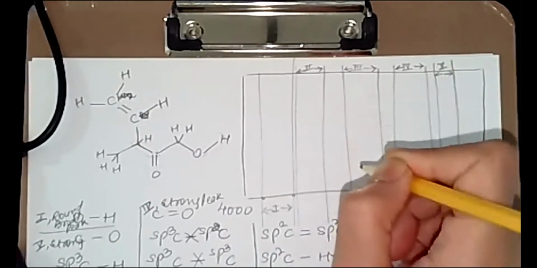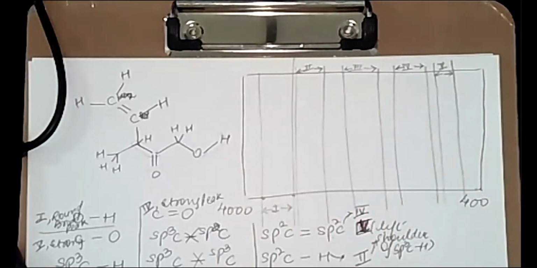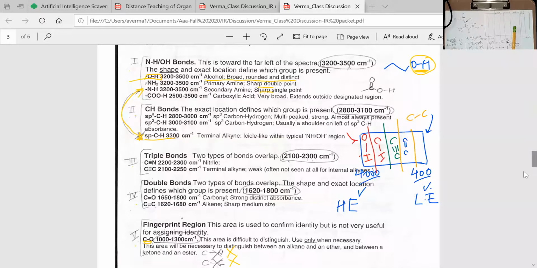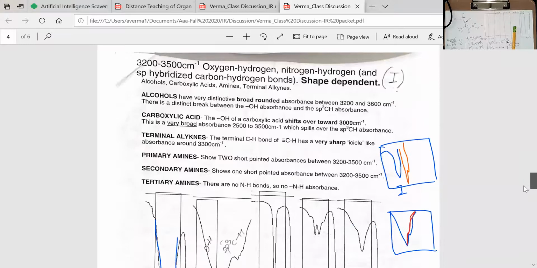Whenever I draw my IR, I always use my pencil because I might have to erase, and that is the right way to draw an IR. Coming back to our OH, if you ever get confused on what the peak size should be, your packet will again help you.